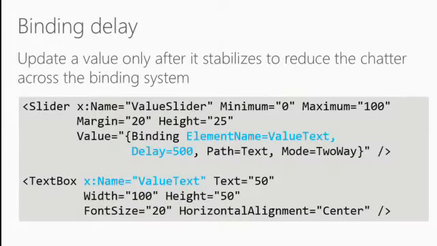Now, another thing that I really like is binding delay. If you consider something like a slider on the screen, and you know what's going on in the binding system behind that, every time you tweak that slider, you're getting a message sent across with a value change. And maybe that is linked to an object that's going to raise a property change notification on that class.